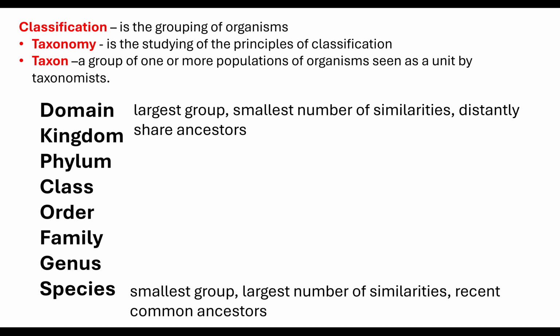We therefore say that they are the most recent common ancestors. Now, remember, a species is a group of individuals within a population who are able to interbreed and produce fertile offspring. So it's important that we note that these individuals, when they reproduce, can produce fertile offspring.